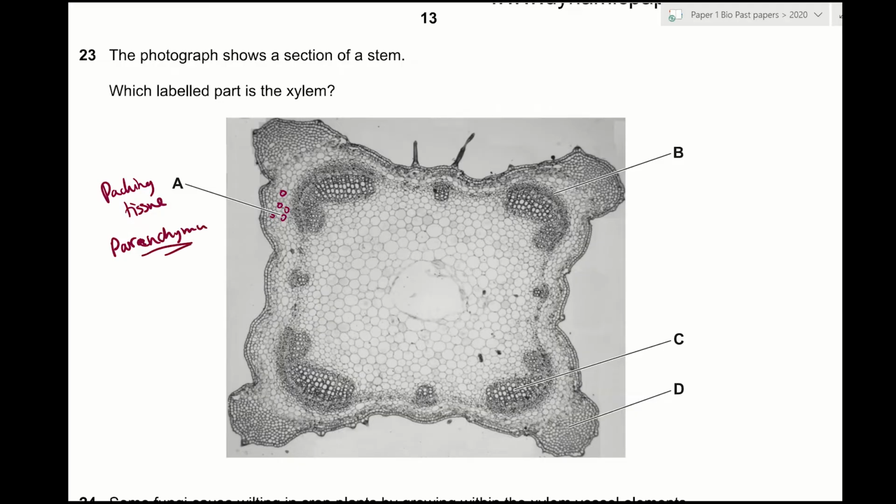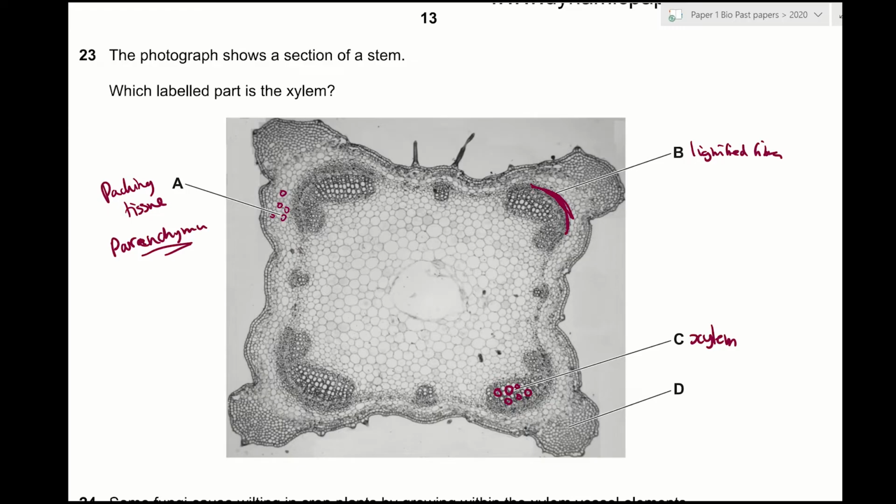For B, it would just be lignified fibers, because this is what's surrounding the vascular bundle. For C, if you zoom in, you can clearly see larger circles. These larger circles are going to be the xylem. The smaller circles are the phloem.